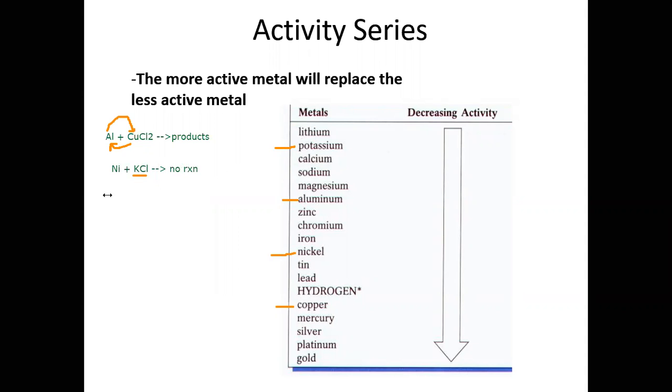We had one with HCl, so say zinc plus HCl gives products. So zinc is here, hydrogen is here. So since zinc is above hydrogen, it will react with the acid and displace the hydrogen.